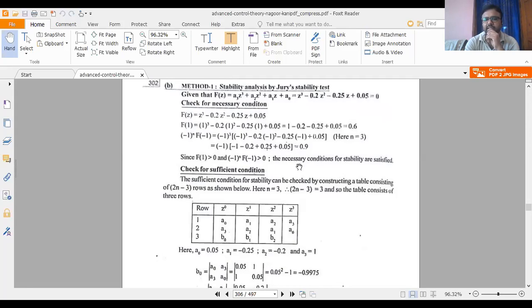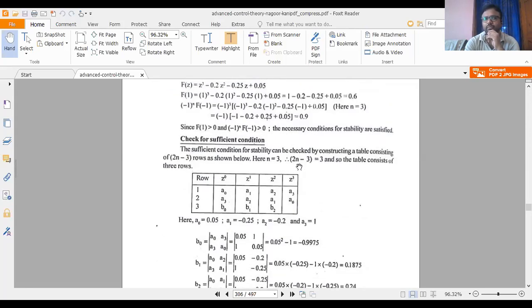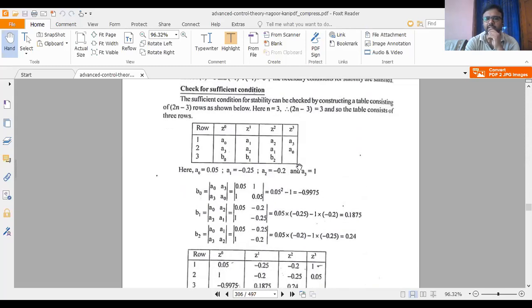So the first and second conditions are satisfied, that is f of 1 is more than 0 and f of minus 1 is less than 0. And based upon the equation, 2n minus 3, we are going to get 3 rows.